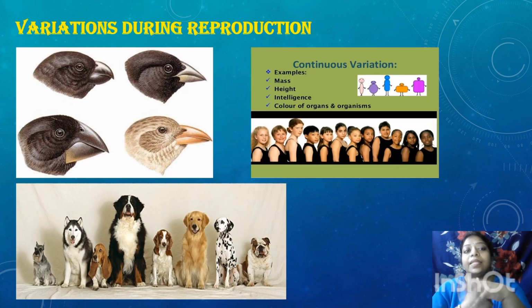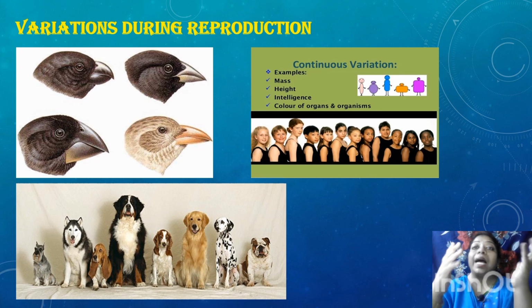So now let's go into the next subtopic, which is the variation especially seen during the process of reproduction. What happens here? As you can see, the picture itself shows a continuous variation. If you take the beak of a bird, even then it is a bird which has a beak, but the features are not the same.